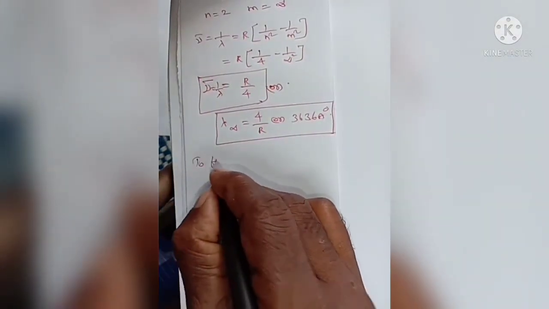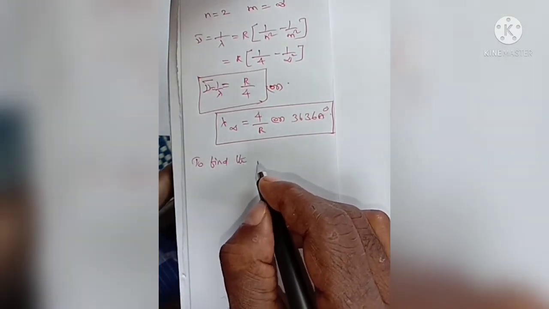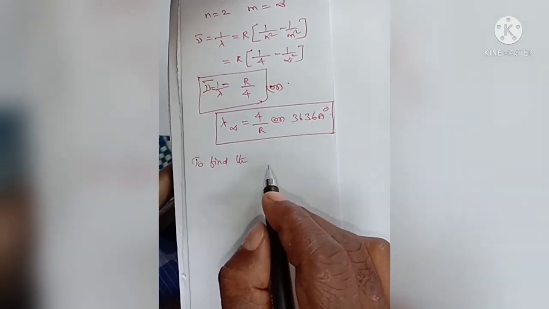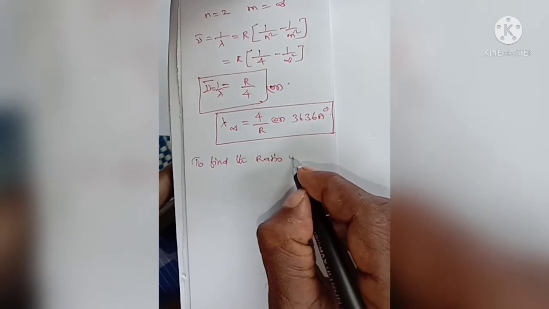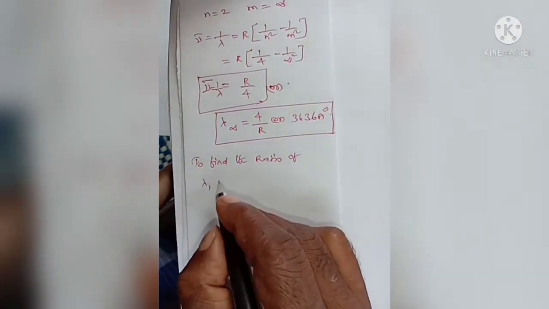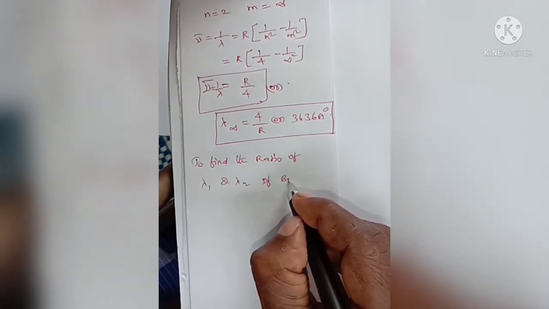Next, to find the ratio of the wavelength of the first line of Balmer series and the wavelength of the second line of Balmer series.